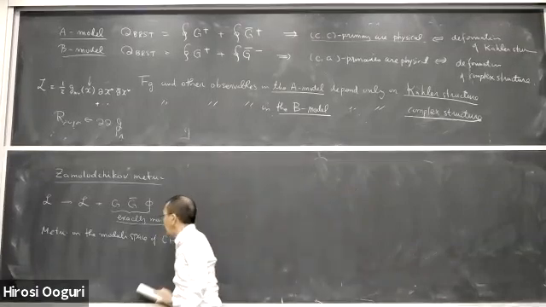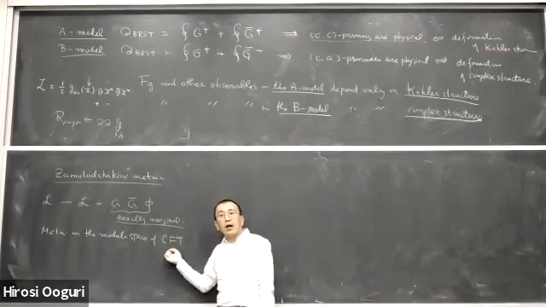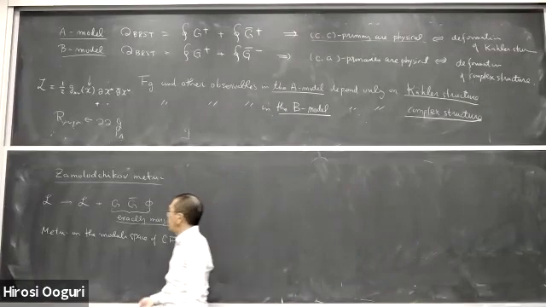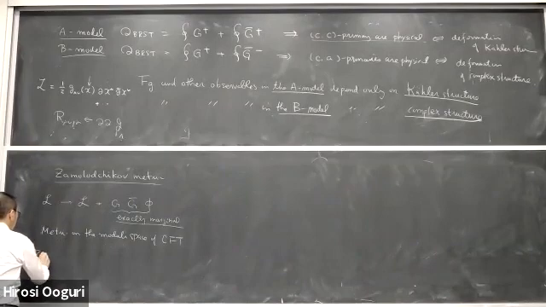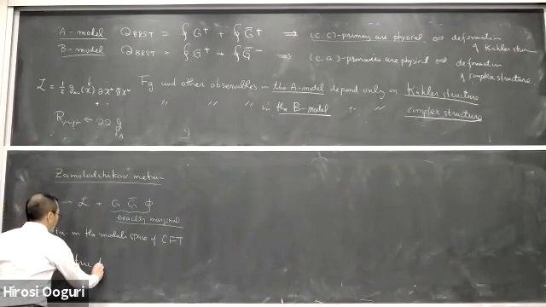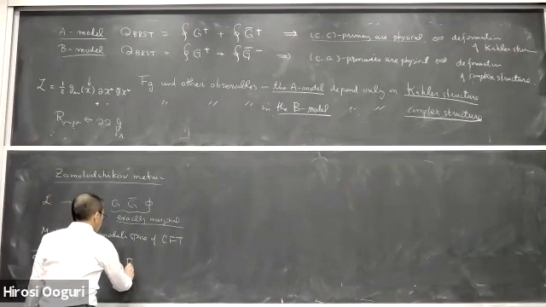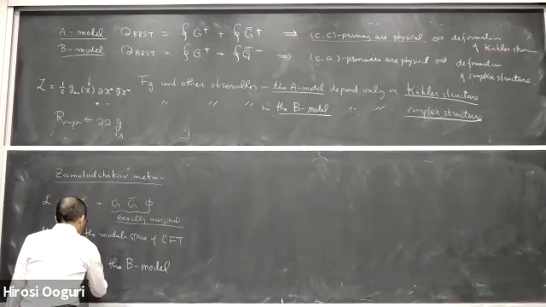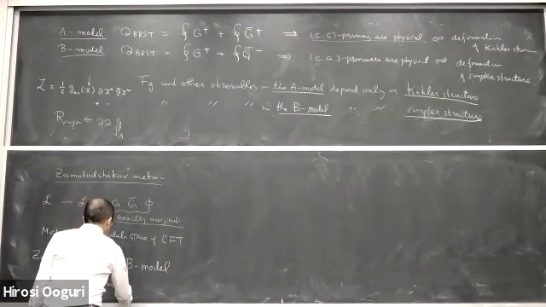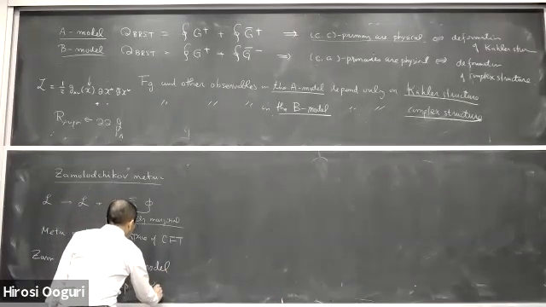And so in particular, the metric of the B model is independent of the Kähler structure.